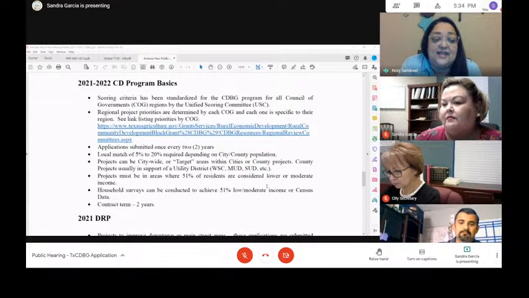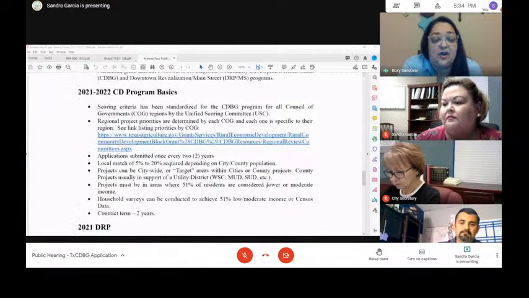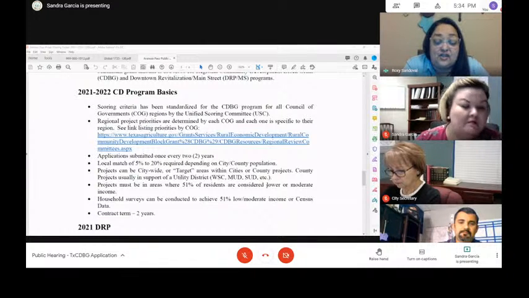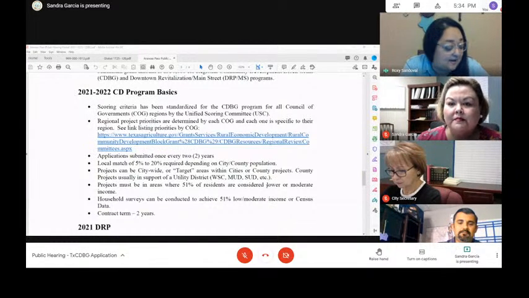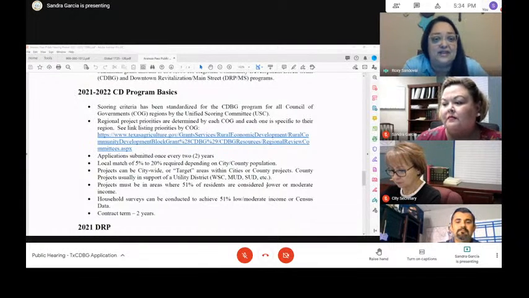These applications for the CD program are every 2 years. So the city can apply every 2 years for this type of grant. The local match is between 5% and 20%, depending on the city or county population. In Aransas Pass's case, I believe it's about 15% that will be required as a match, roughly about $52,000 or so, between $50,000 and $55,000.